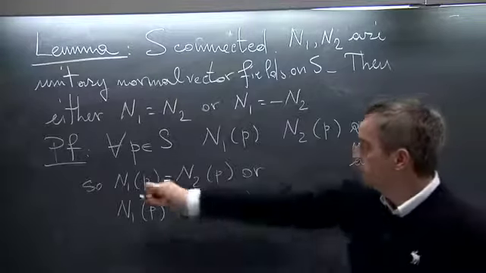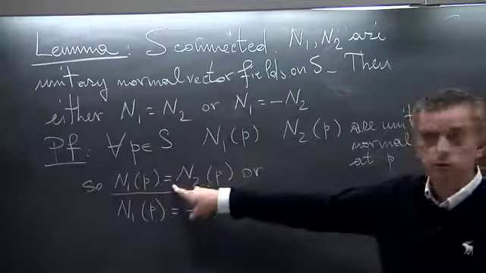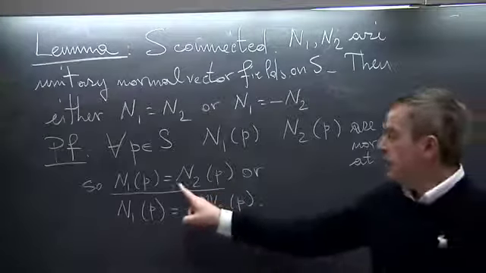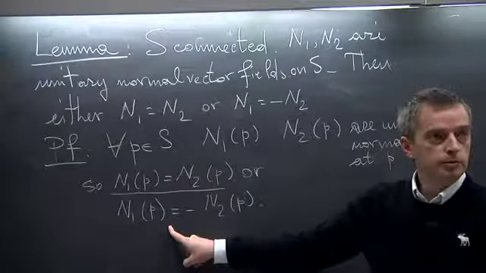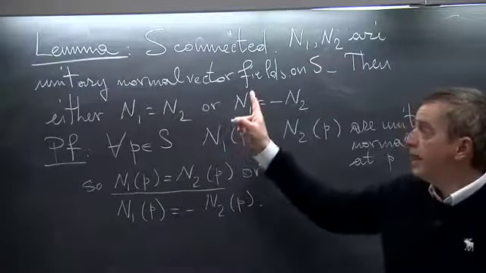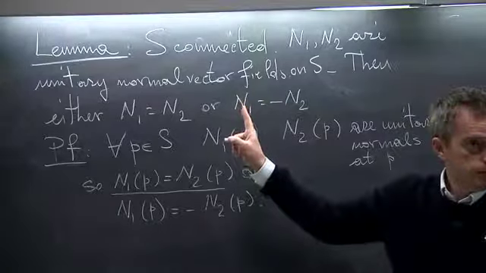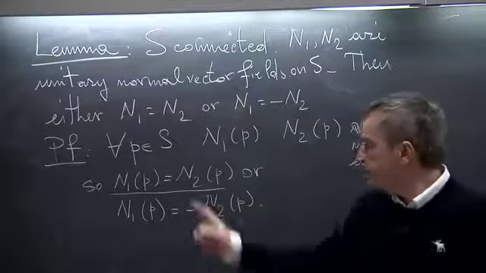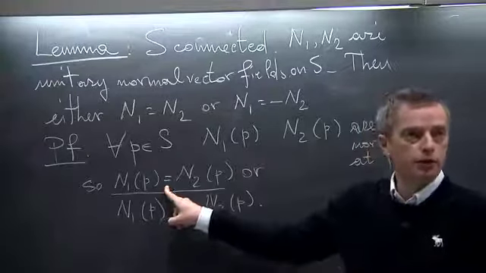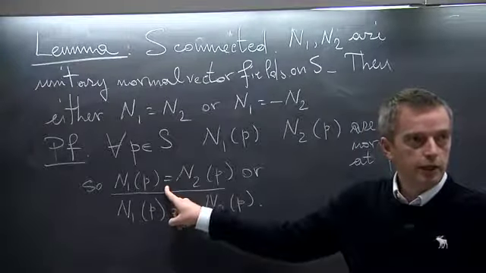I mean, so suppose at P this was true. Now take Q. Maybe this one becomes true. Is it possible or not? What the lemma is saying is not. Okay, the lemma is saying if something like this is true at one point, it's true over the whole connected component of this point. Okay?